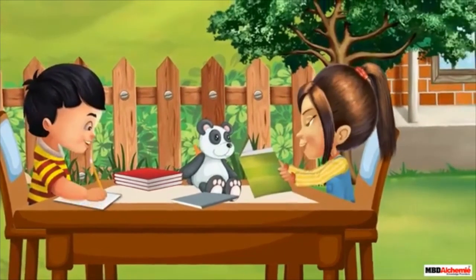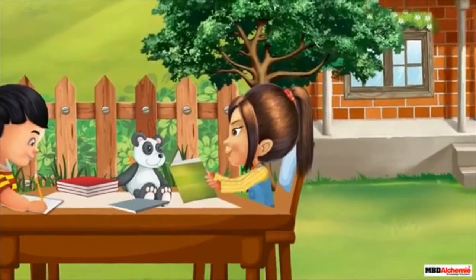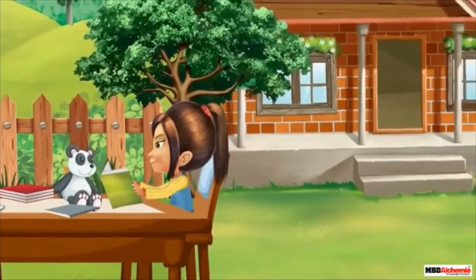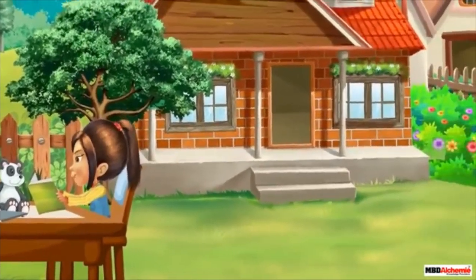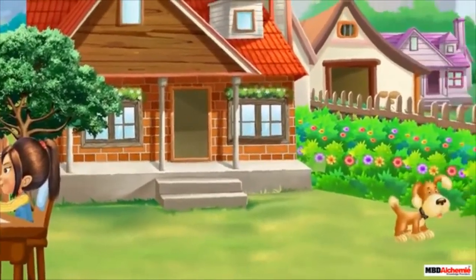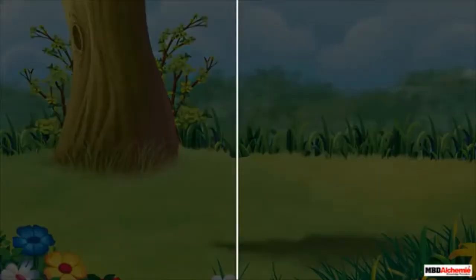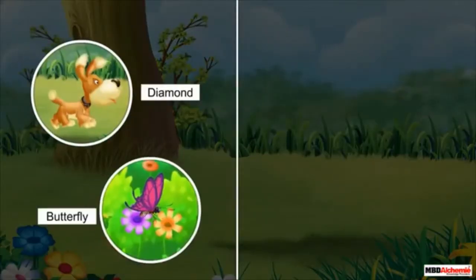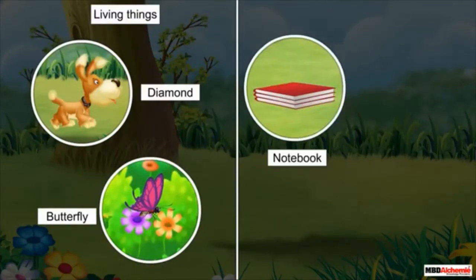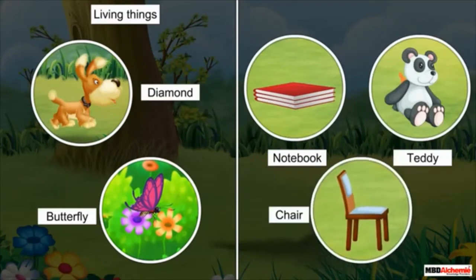We can see that Sid and Alicia are surrounded by many things. Some of these are living, while others are non-living. For example, Diamond and the butterfly are living things, but the notebook, the teddy, and the chair are non-living things.